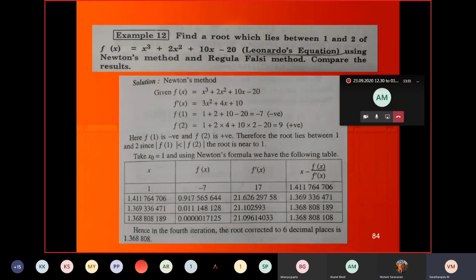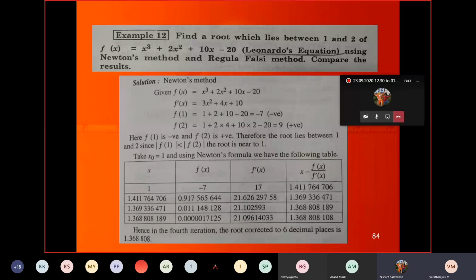Newton-Raphson and regula falsi method. Both were correct, both got the same result. Nishant, tell me. Very good, Nishant.